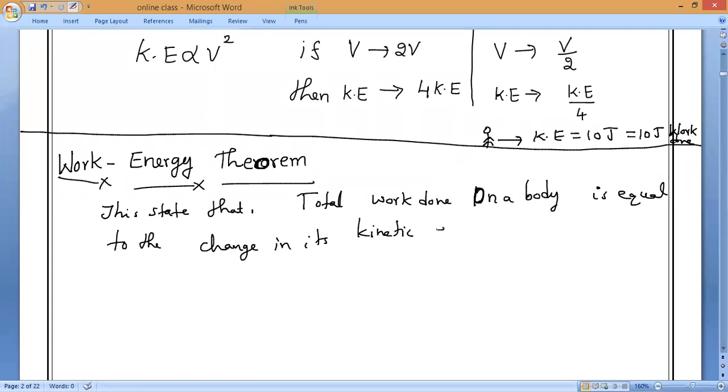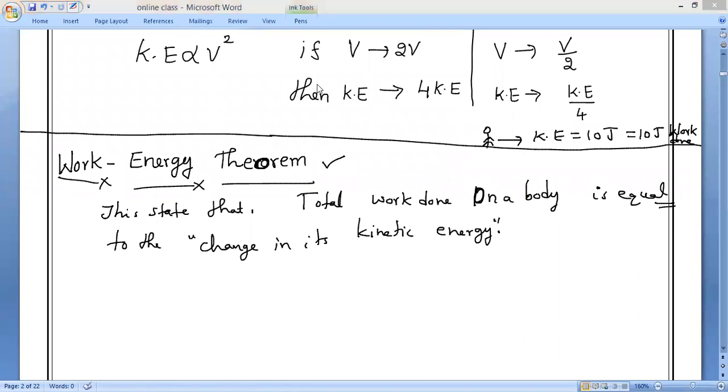So the total work done on a body equals the change in kinetic energy. That is what you have to remember.